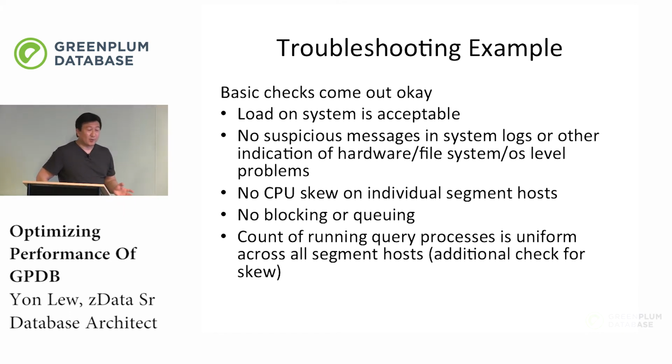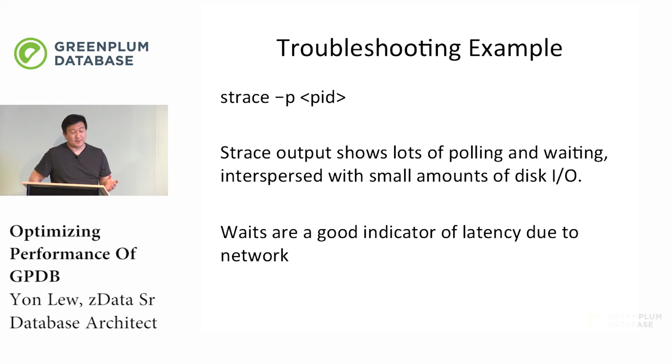We check for blocking or queuing inside the database to make sure that's not responsible for the long runtime. That looks okay. And then finally, we check query processes on the hosts. That is just using gpssh to connect to all of the segments and checking to make sure that there isn't one segment that's holding up the entire query.